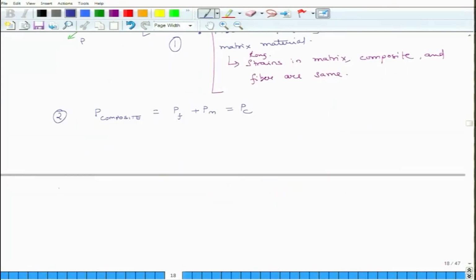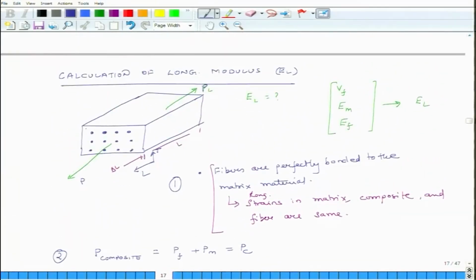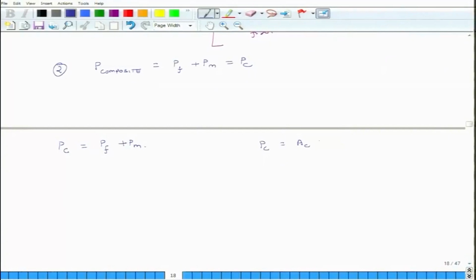So let us do some math. Pc is equal to Pf plus Pm. I am just rewriting this relation. Now what is Pc? Pc is the total force which we are applying on the system. That is equal to the area of the composite, the cross-sectional area, which is this entire area AC, times the stress in the composite.